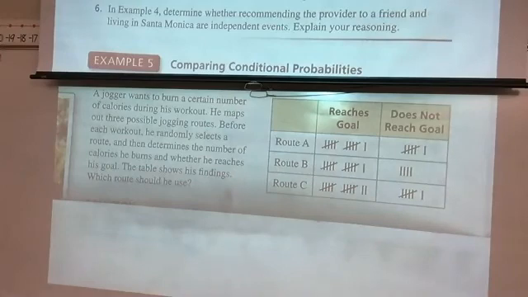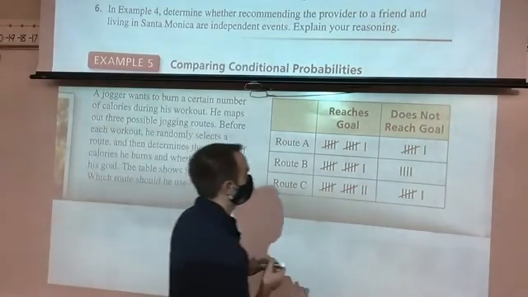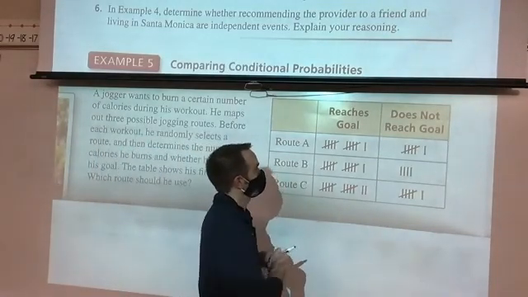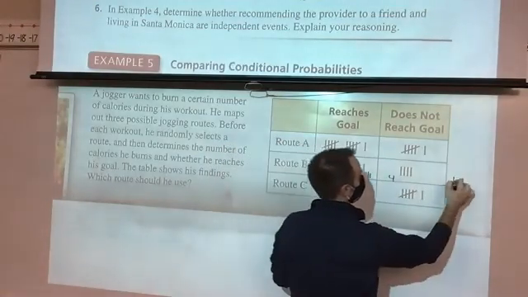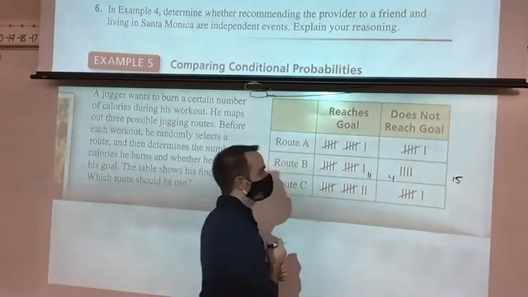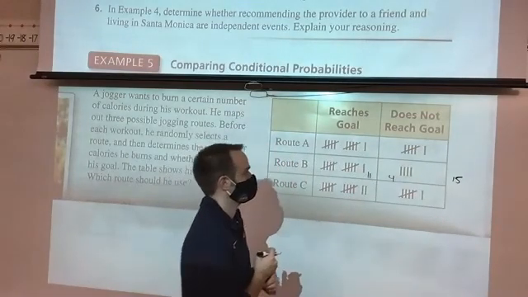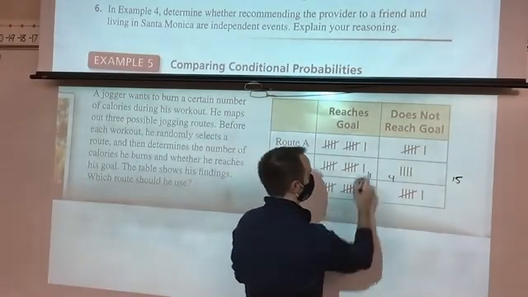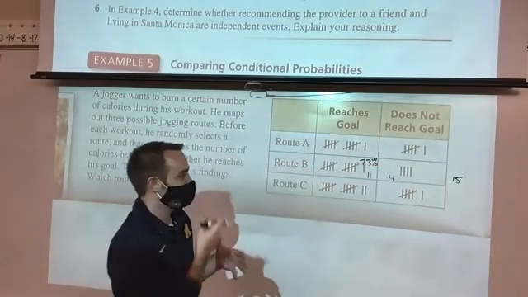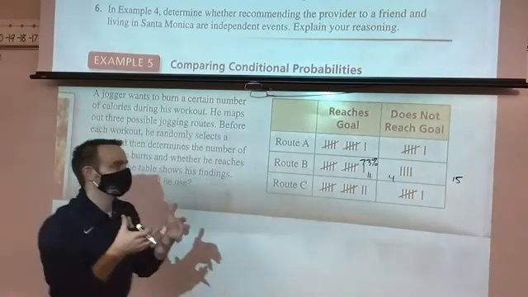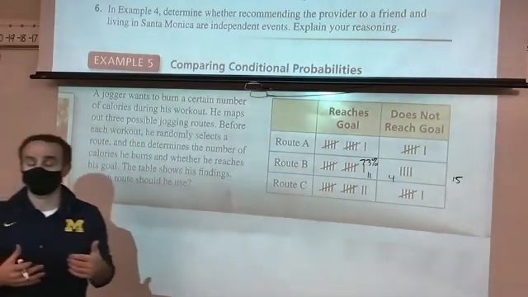How else do we get there? For route B, you take the amount of times he does reach his goal and the amount of times he doesn't reach his goal. You add them together and get that marginal frequency, and then you divide 11 by 15, and you get like 73 point something. Yeah, if we do that for each one of these, that's going to tell us what percent of the time he reached his goal on each route.